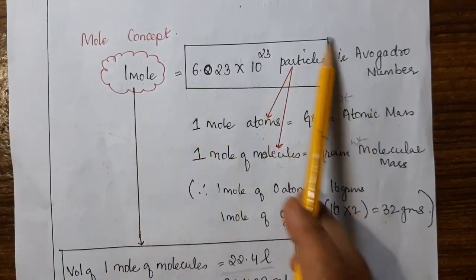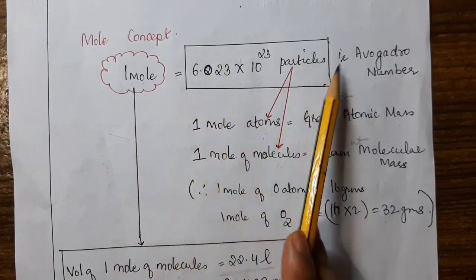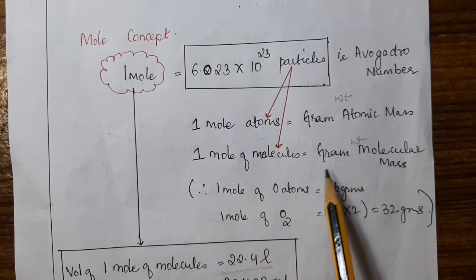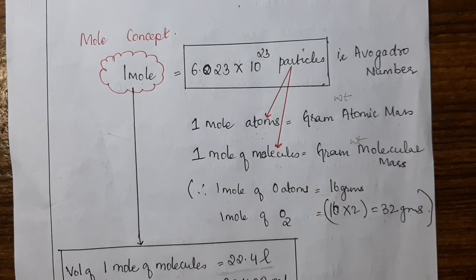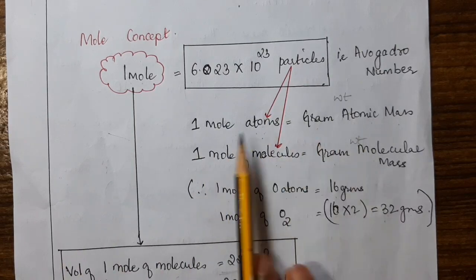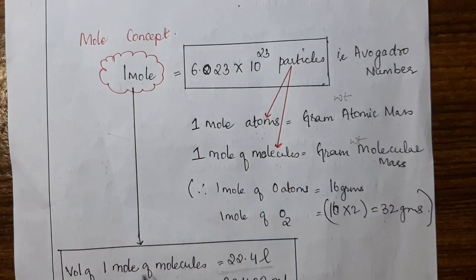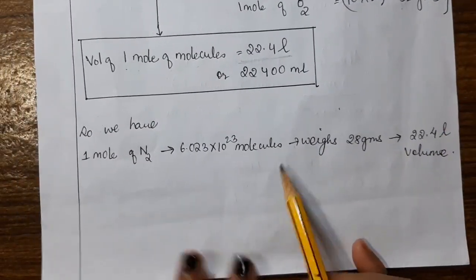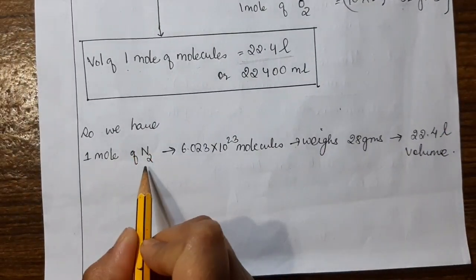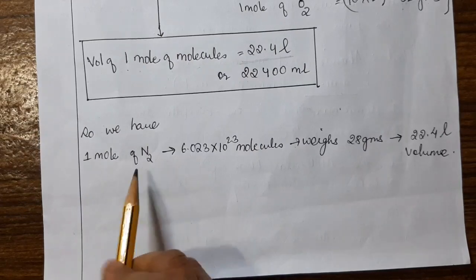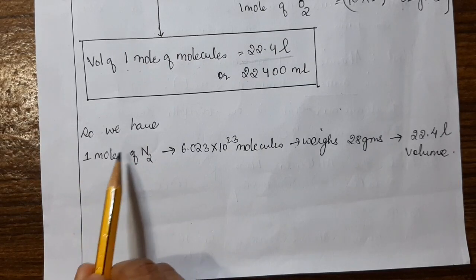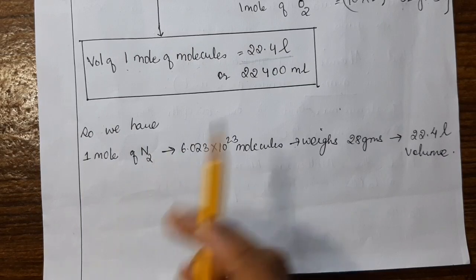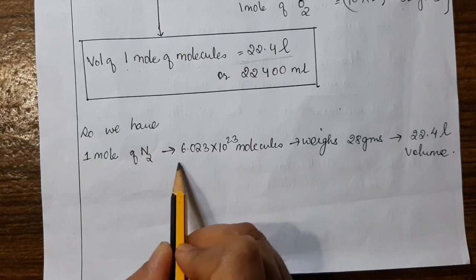And 1 mole means how many particles? The Avogadro number of particles. For 1 mole of molecules, the weight would be the gram molecular mass. Okay, mole and weight relation, mole and volume relation. Remember that. I've taken the example of nitrogen. 1 mole of N2 means 1 mole of nitrogen molecules. How many particles will be there?